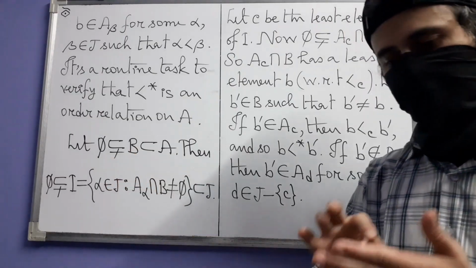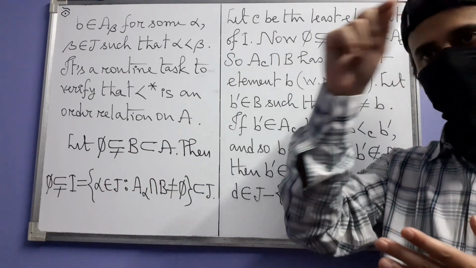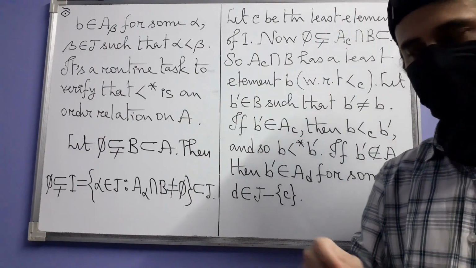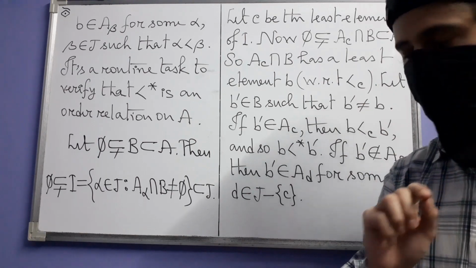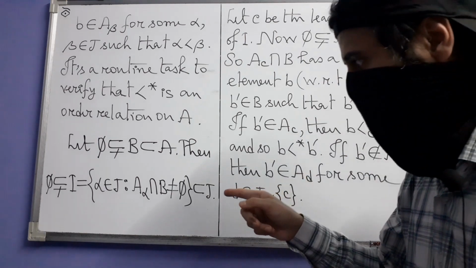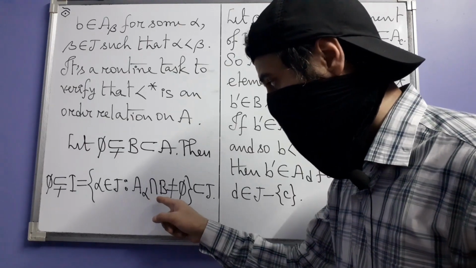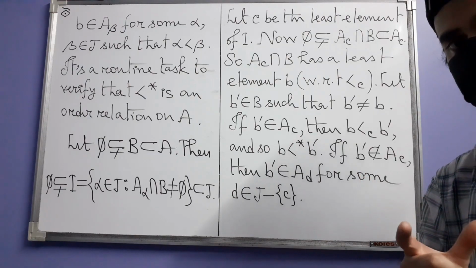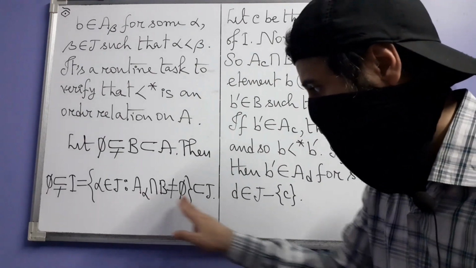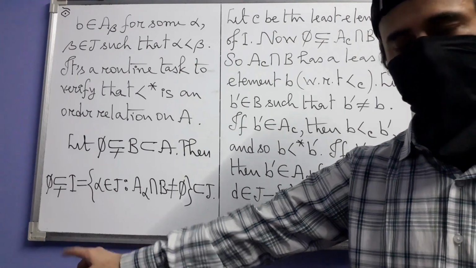Because it is non-empty, you will have some element in B. That element has to lie somewhere, no? So it has to lie inside A, means it has to lie in at least one A alpha. And that is why the set of indices alpha for which B intersects A alpha is itself a non-empty subset of J, and that set we are calling I.